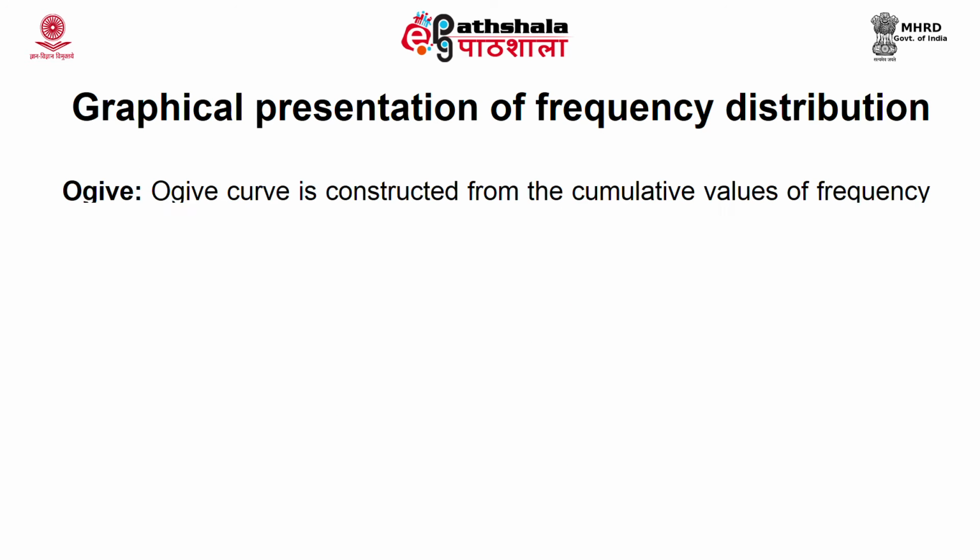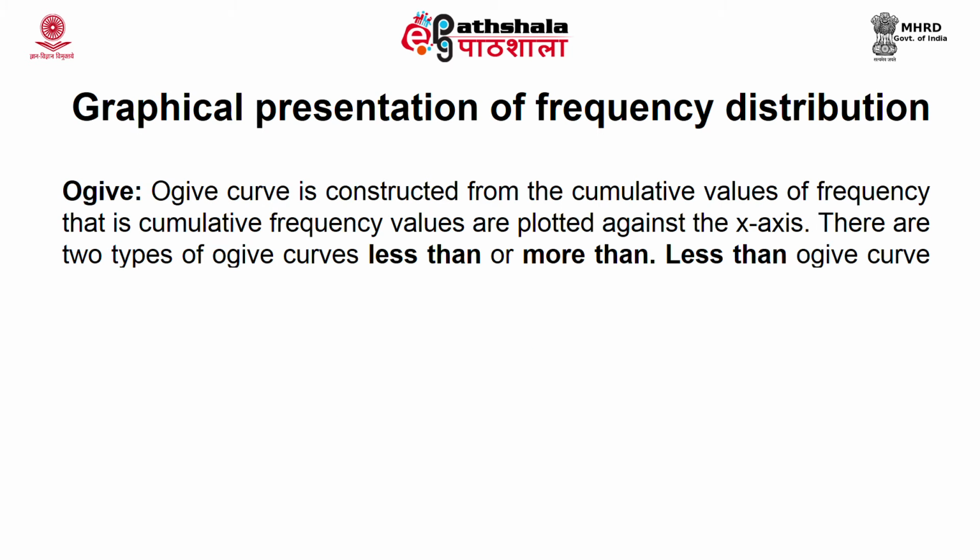An ogive curve is constructed from the cumulative value of frequency, that is, cumulative frequency values are plotted against the x-axis. There are two types of ogive curves, less than or more than.